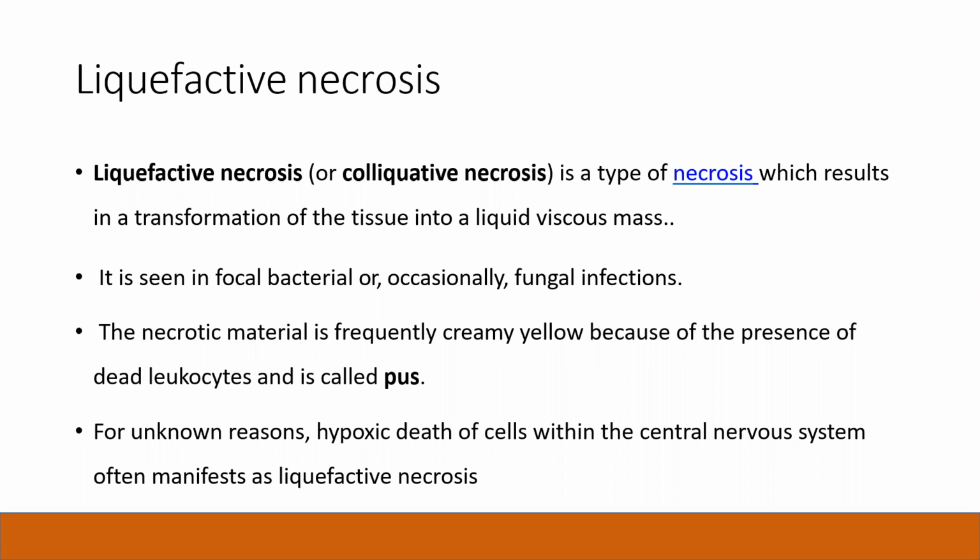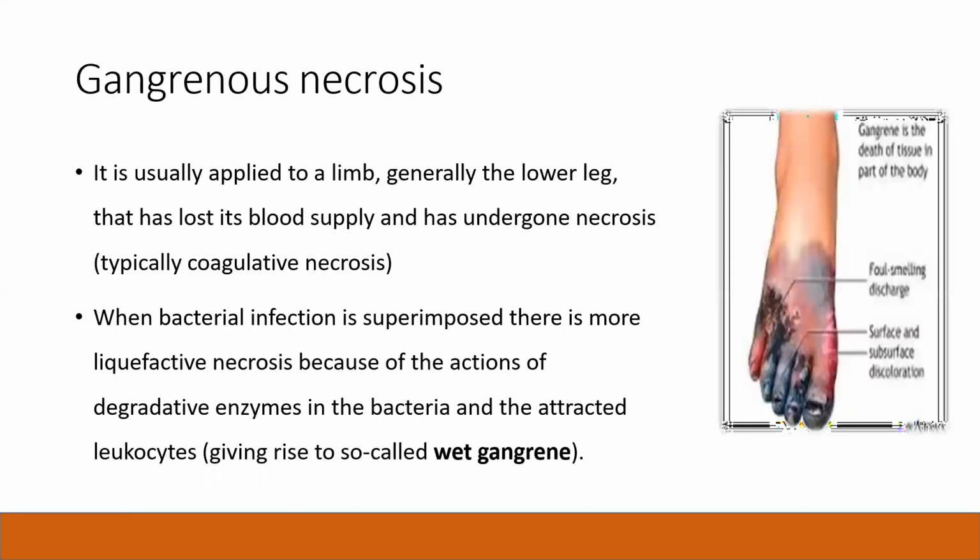For unknown reasons, hypoxic death of cells in the central nervous system often manifests as liquefactive necrosis. Gangrenous necrosis. What is gangrenous necrosis? It is usually applied to a limb, generally the lower leg, that has lost its blood supply and has undergone necrosis.